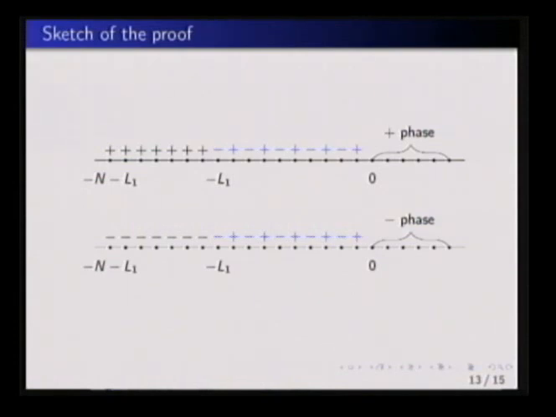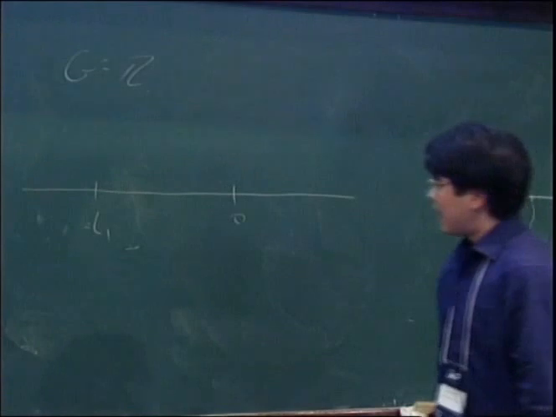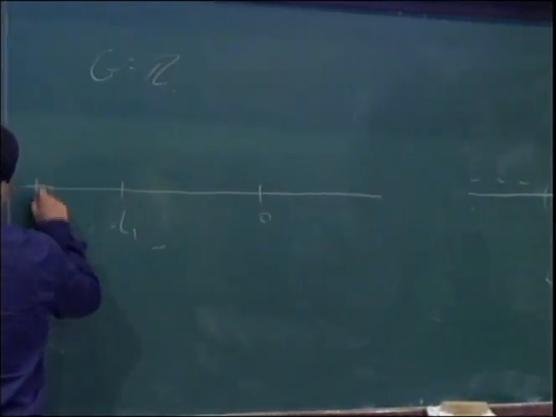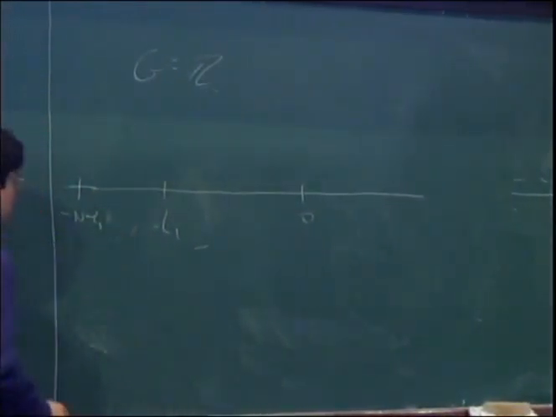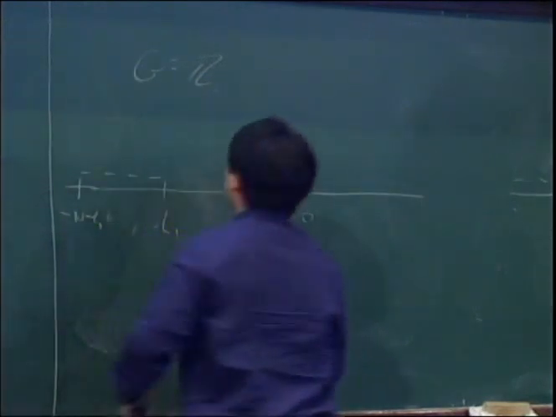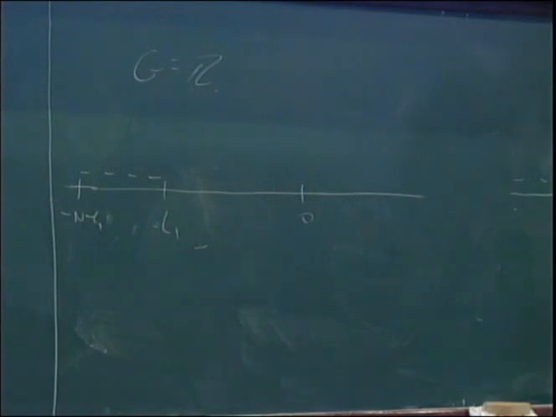So this means the following. The proof is done as follows. Take this 0 here, and take minus L1 here. Let's take a minus interval with length L extremely large, and let's freeze it by minus. Let's see the second picture. So take n very large in order for the origin to have minus phase.